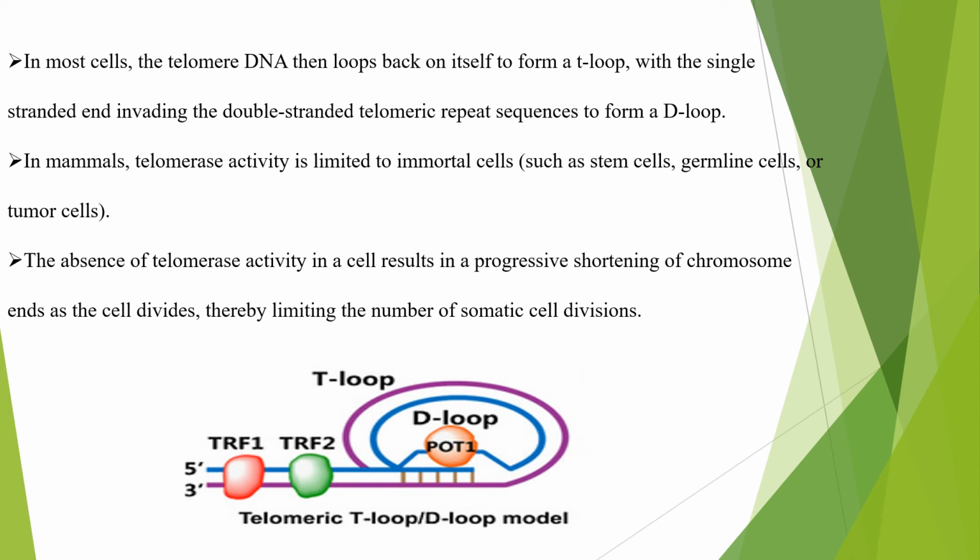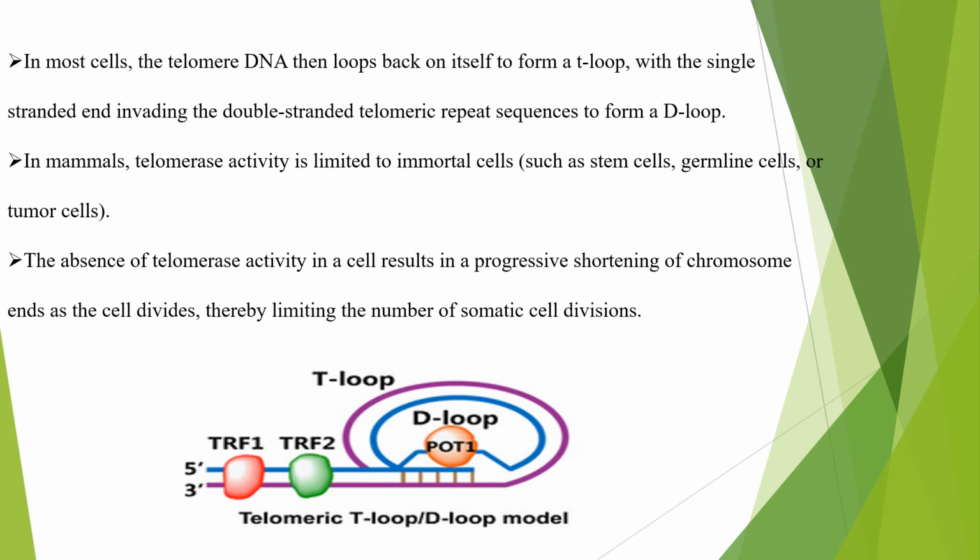In most organisms, this single stranded overhang, which is G rich, will bend on itself and get inserted into the daughter strand, forming a loop like structure, which we call a T loop or D loop. The overhanging sequence bends on itself, enters the daughter strand, and forms the loop. It is called the T loop or termination loop, and that will protect the main sequence of the chromosome.